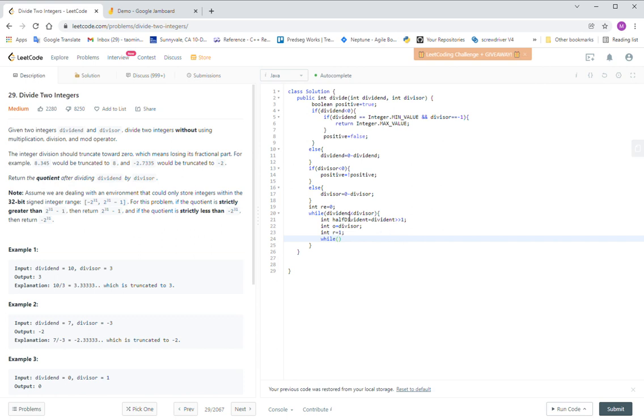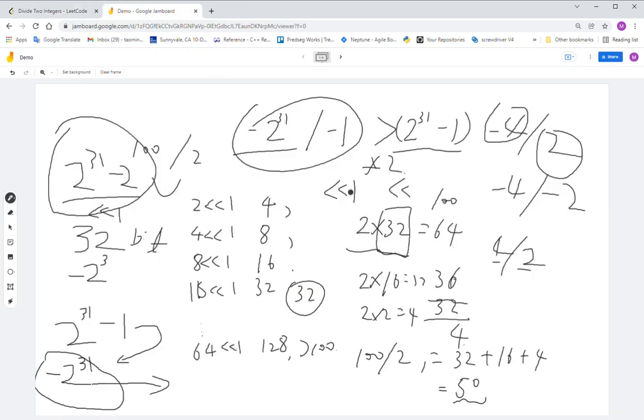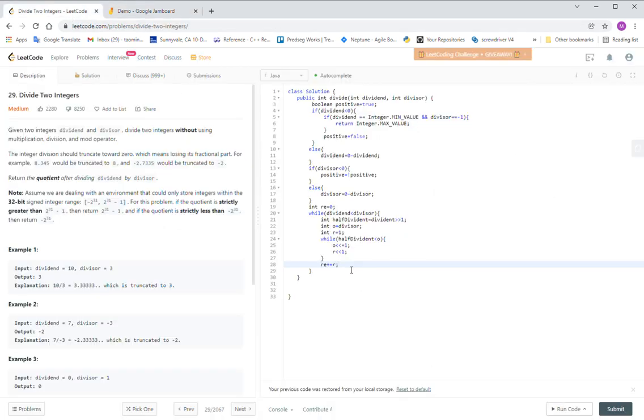So keep this one less than O, and then we let the O be double. And we need to calculate how many double, right? Result just plus how many double. So it's here, right?